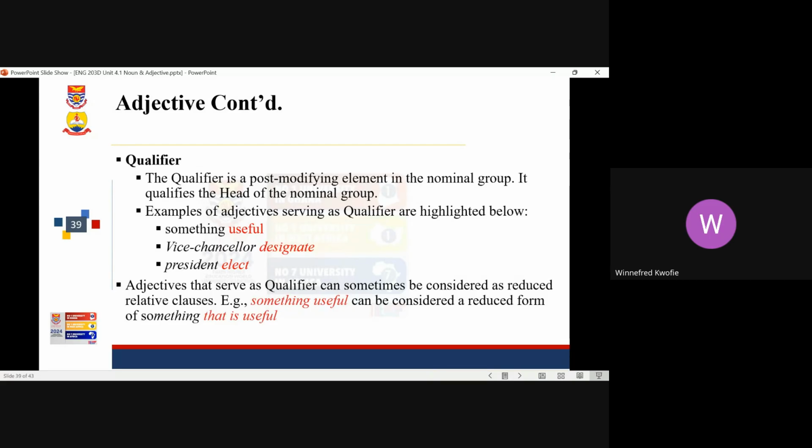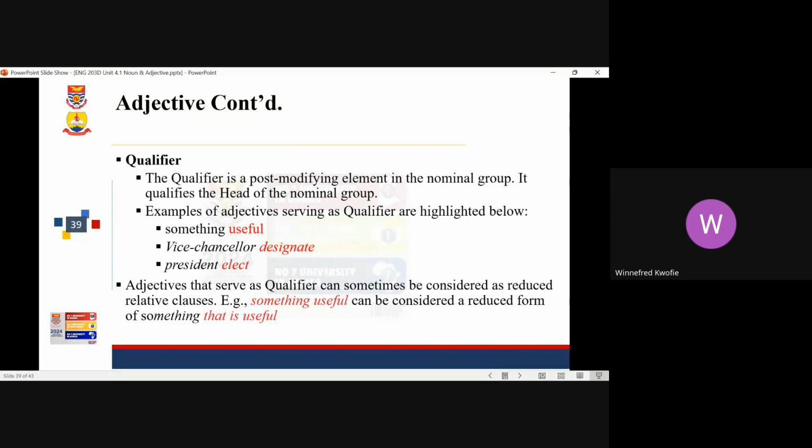After mentioning those, we see that there was another part, which was the qualifier. So, all the girls in the room. In this case, the words before are coming before the head word, which is girls.